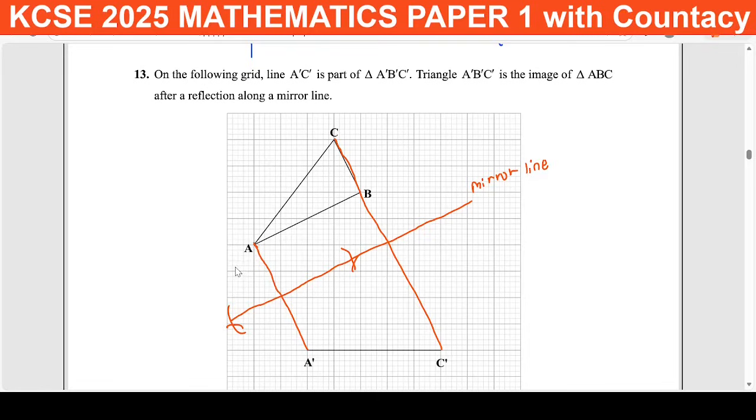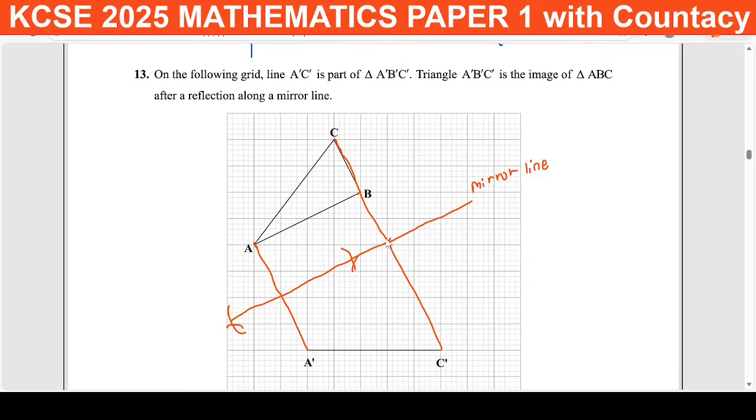And actually, that is how I knew that this line is quite accurate, because it's supposed to pass through the middle of this line here. So finally, what remains for us is to establish where this B should be located. In order to locate it, you come with your pair of compasses, you measure the length from here to here, and you extend that.